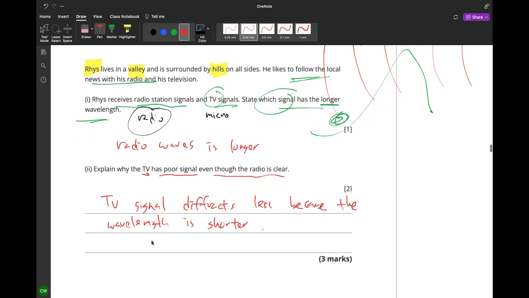Or you can say radio signal deflects more, diffracts more, because wavelength is longer.